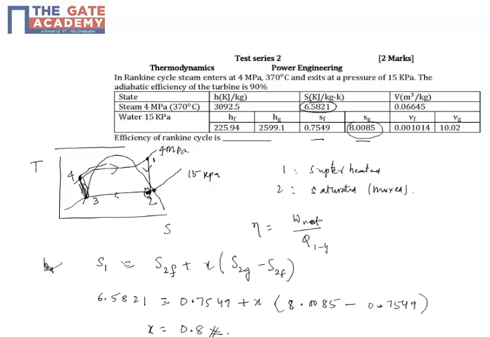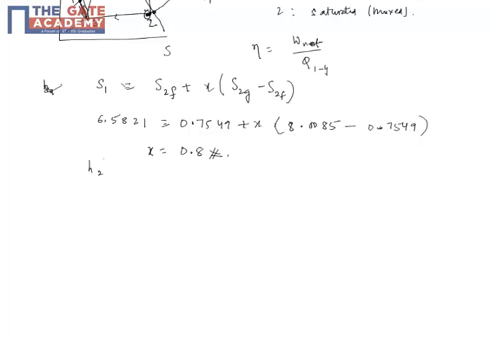Let's now see the enthalpy. H2 is HF plus X into Hg minus HF. The value of HF is 225.94, the dryness fraction we got is 0.8, and Hg is 2599.1 minus 225.94.